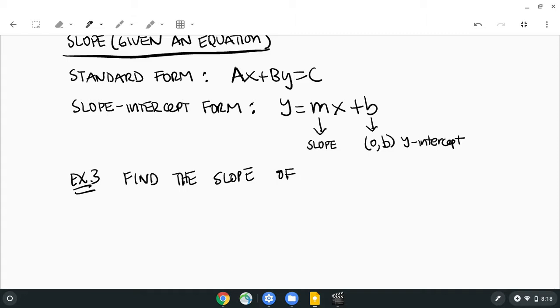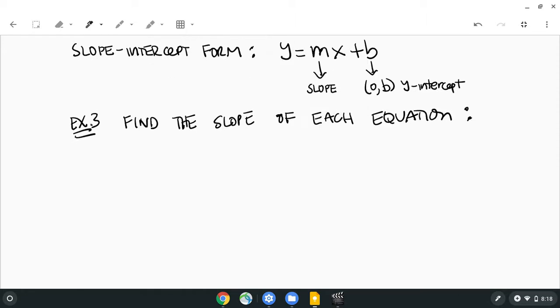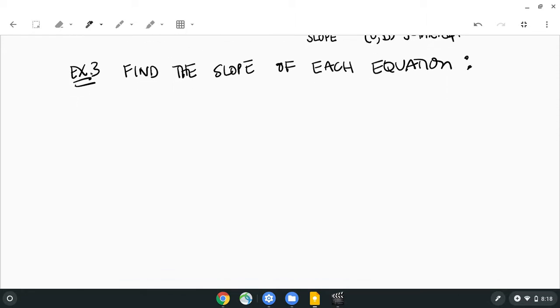So find the slope of each equation. All right, so let's start off with this first one. So A, y equals 2/3 x minus 5.